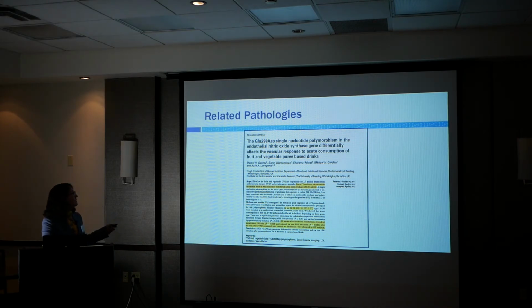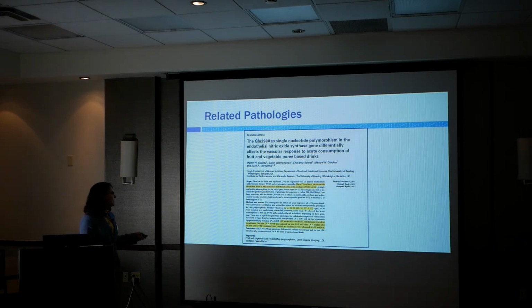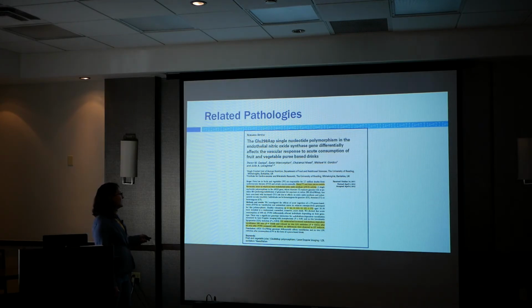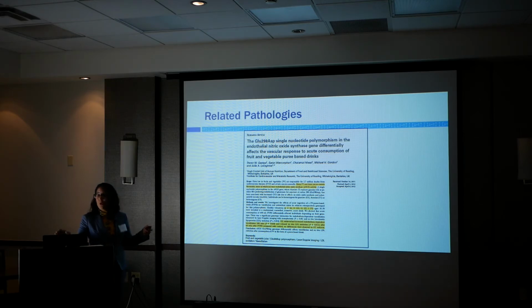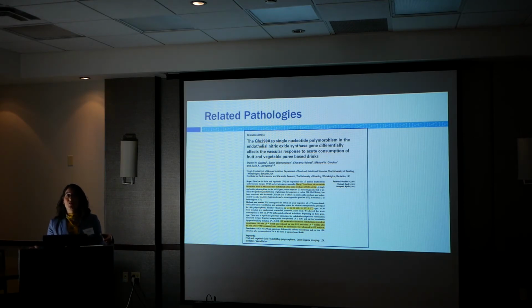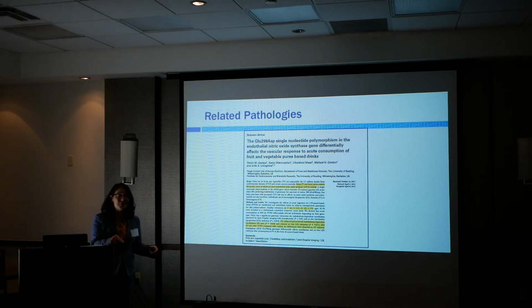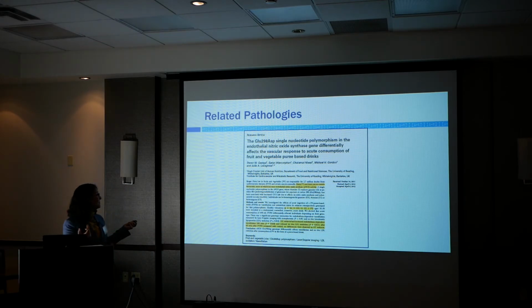And then this shift, this is the polymorphism that we look at in Kashi Labs. Then we see that that's related to LDL oxidation and can affect, and the patient, based on their polymorphism, is going to respond differently to smoothies, essentially. So I thought that was really fun and interesting.